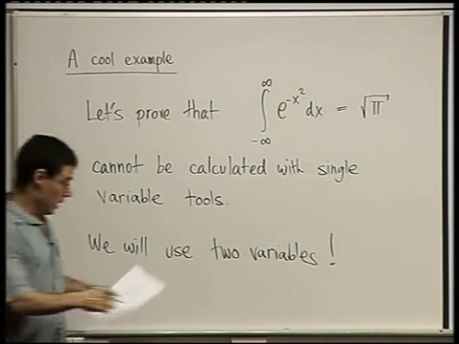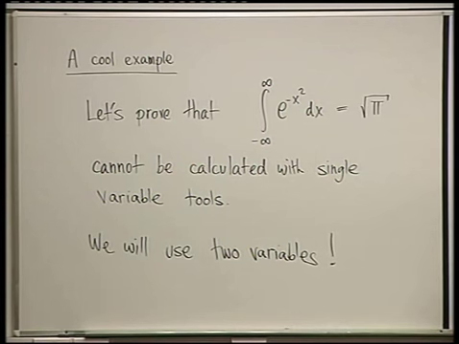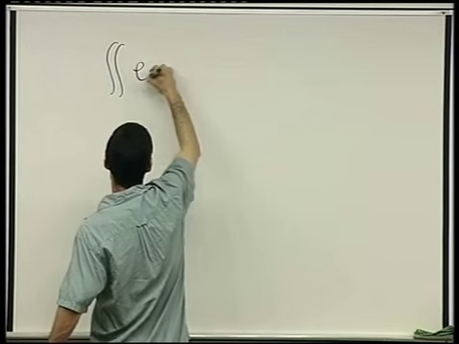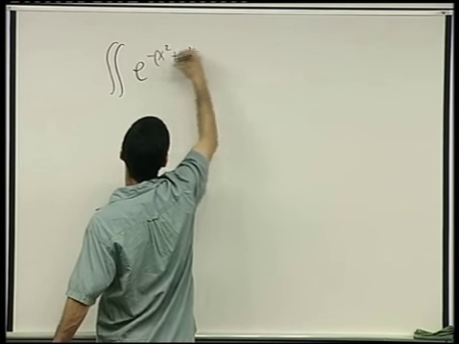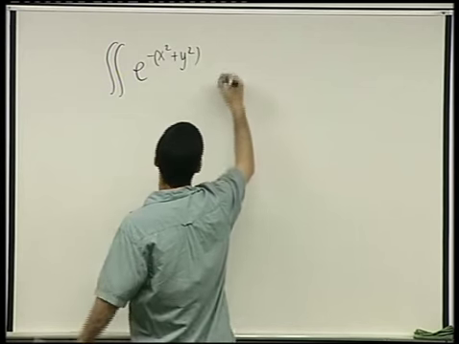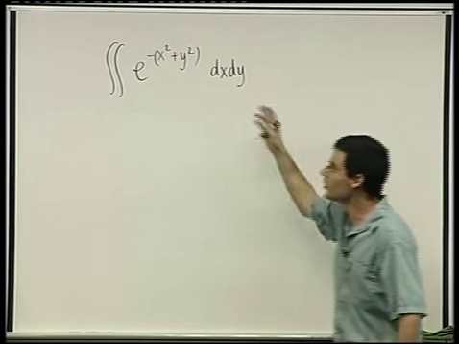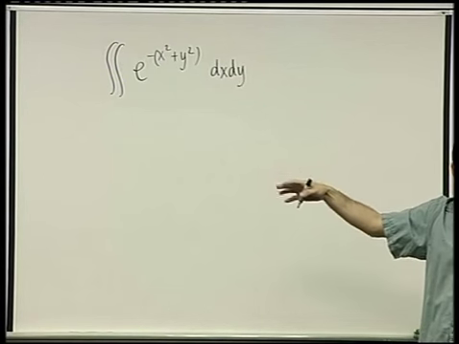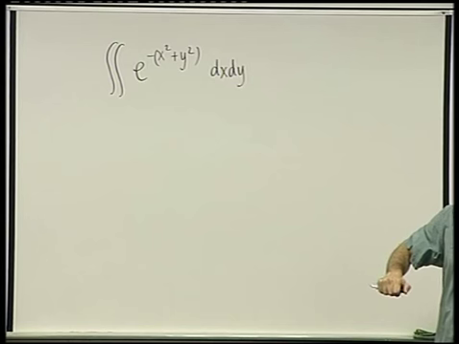How? So let's look at the double integral of the function e to the power minus x squared plus y squared. So this clearly somewhat resembles the previous integral, except now there are two variables, right?